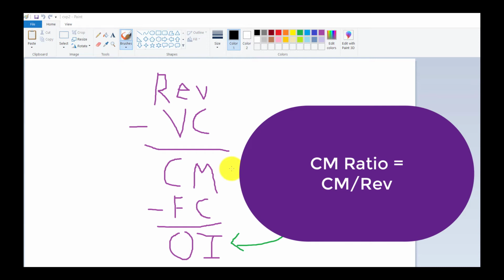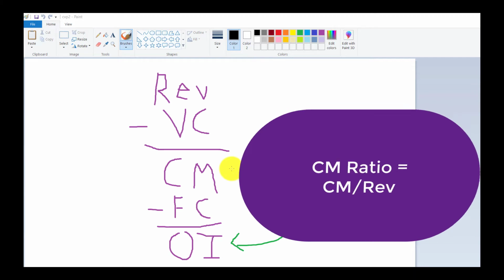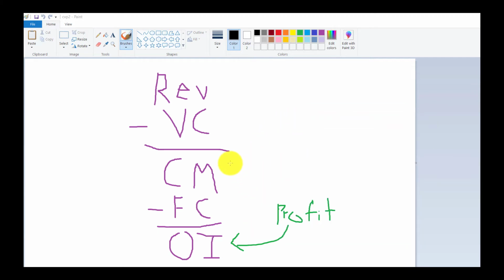What does that tell you? That says for every dollar of sales, I keep whatever percentage of that before fixed cost. Very useful number. Anyhow, at that point, you subtract your fixed cost, and that leaves you with your operating income, aka your profit.